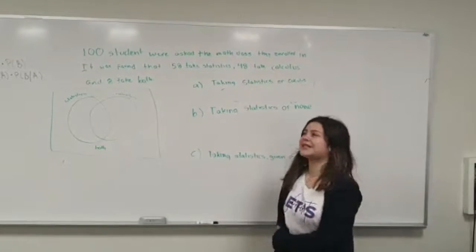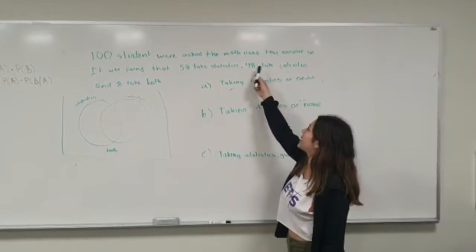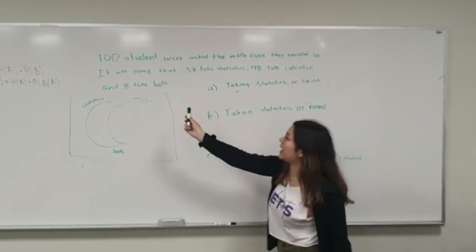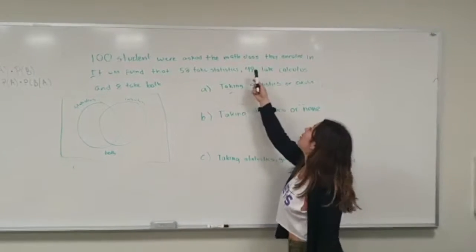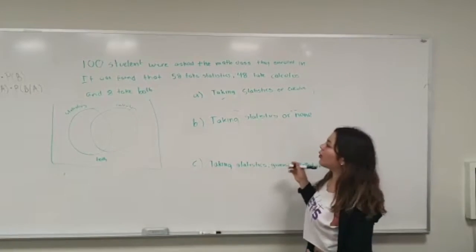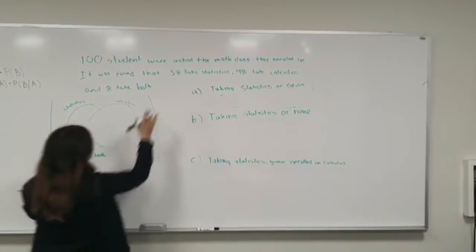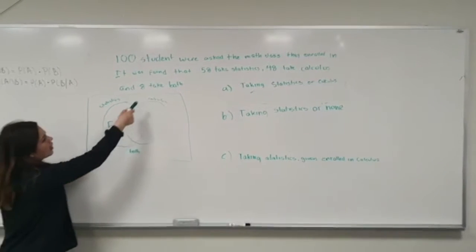So our problem says that we have 100 students who were asked which math class they enrolled in, and it was found that 58 take statistics, 48 take calculus, and 8 take both. So we're going to place the ones who take statistics. We're going to put 50 because the ones who take both are 8.